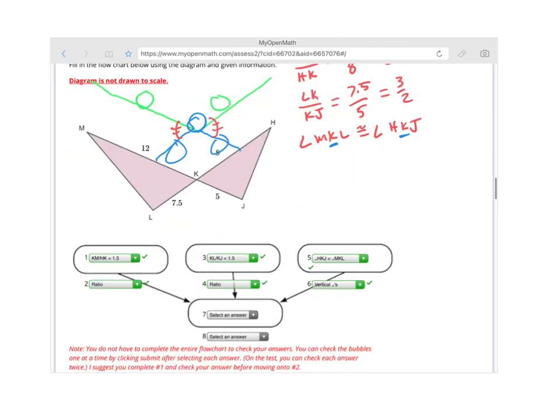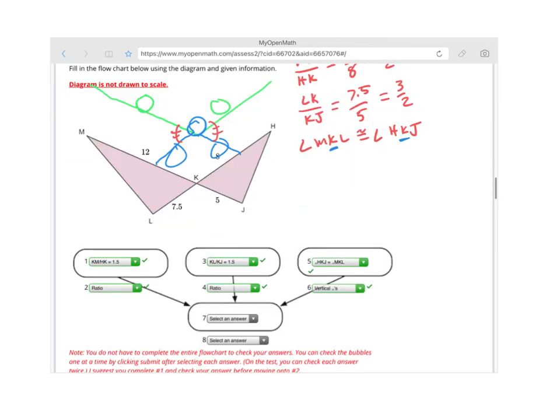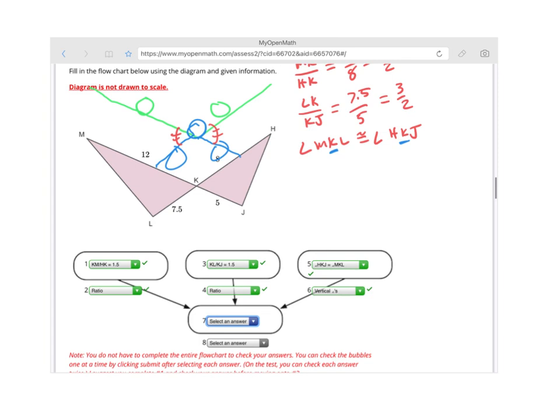So now, when we say the triangles are congruent, it's going to be triangle, and let's see which one we start with here, HKJ. So if I go back here, if I say triangle HKJ. Now, H corresponds to M, so that means that M has to go first, because H corresponds with M. K corresponds with K, so K will go second, and L corresponds with J, so that will go last.